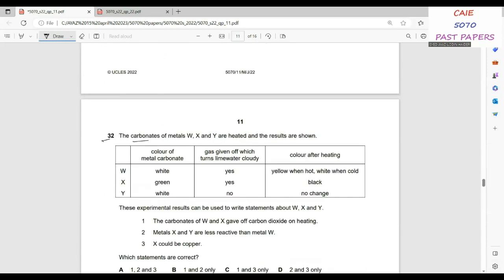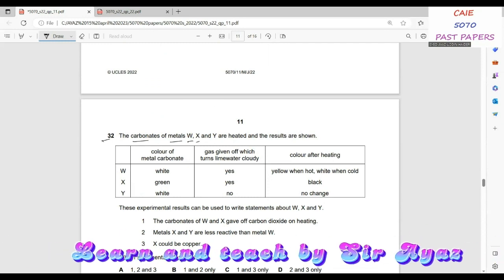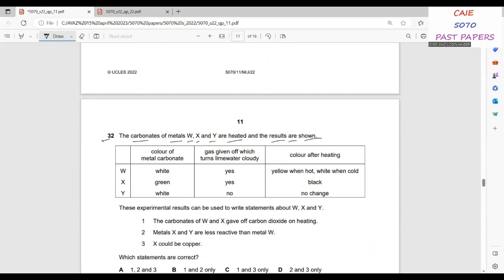32. The carbonates of metals W, X, and Y are heated, and the results are shown. W: the color of the metal carbonate is white, the gas given off turns lime water cloudy, and the color of the compound after heating is yellow when hot, white when cold.